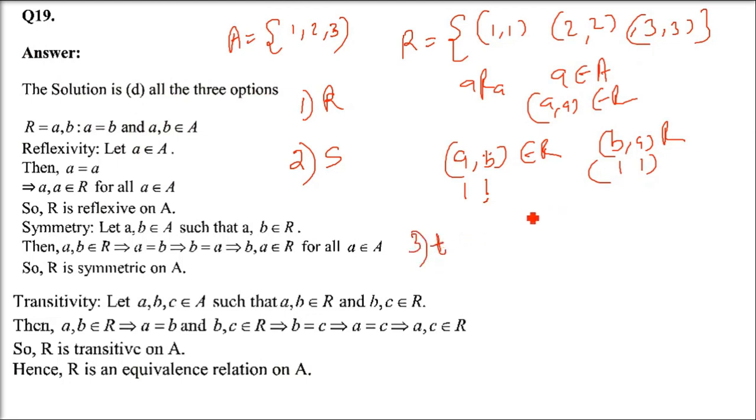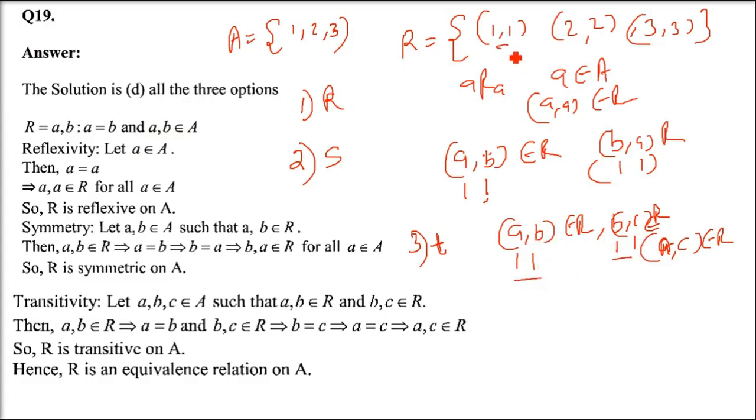Third one, transitive. In transitive, if AB is in the relation and BC is in the relation, then AC should belong to this relation. So AB is 1, 1. For BC, since B is 1, we take B here also as 1, and since C is 1, because only 1, 1 is there in this relation, we cannot take any other. 1, 1 is there and 1, 1 is there, so AC, which is also 1, 1, is also there.